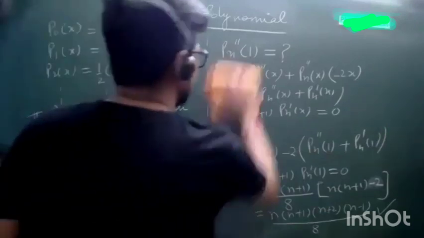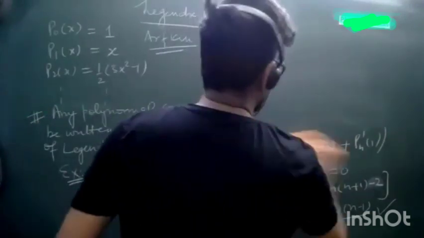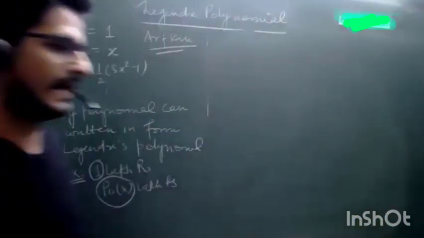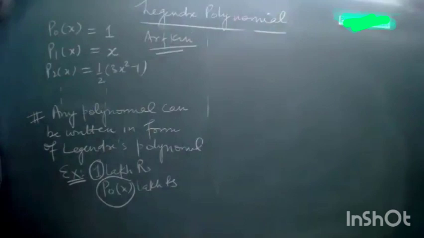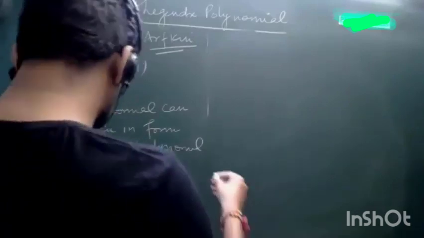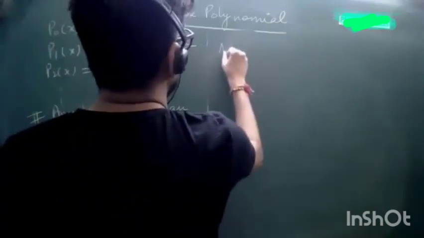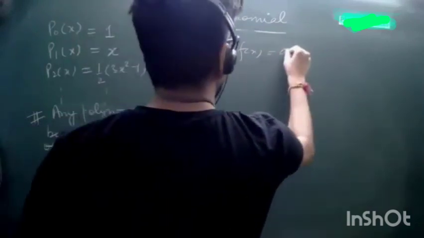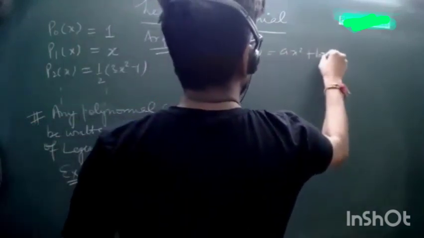Now please see this question, a previous year question, just to hint you what type of questions come. So many questions I already told you belong to previous years. One question that I want to tell you: f(x) is equal to ax square plus bx plus c.